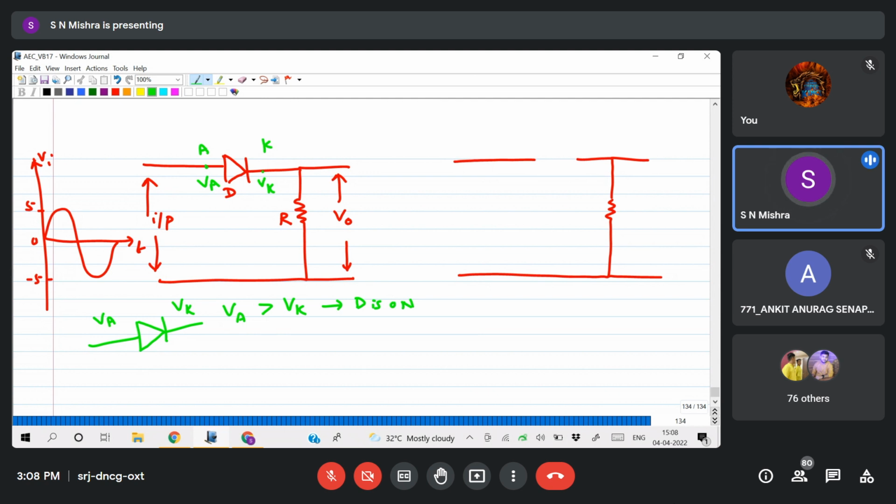Now if you do the same thing here, this is my anode potential, this is my cathode potential.